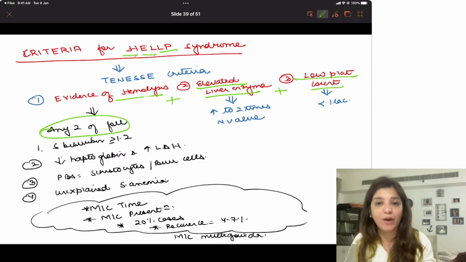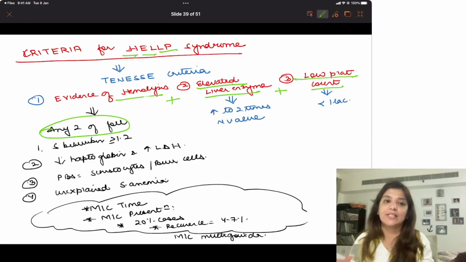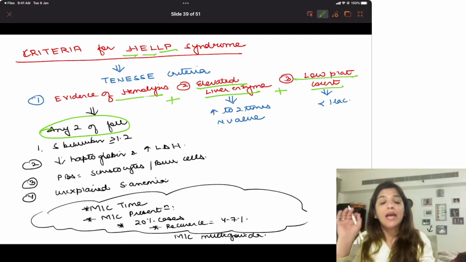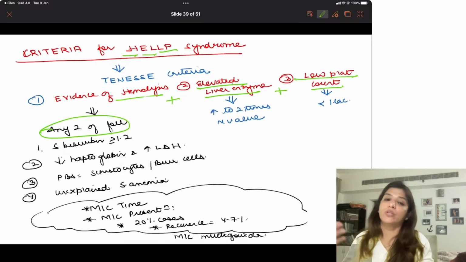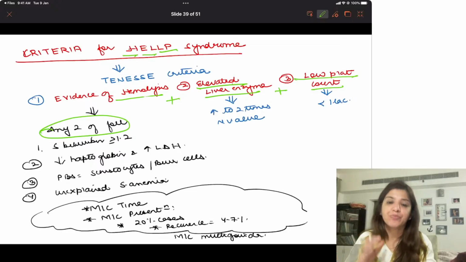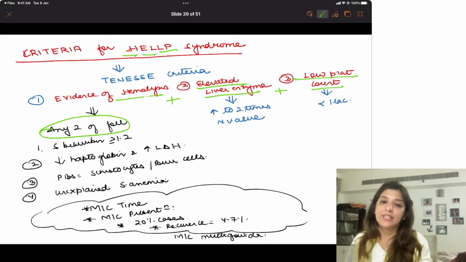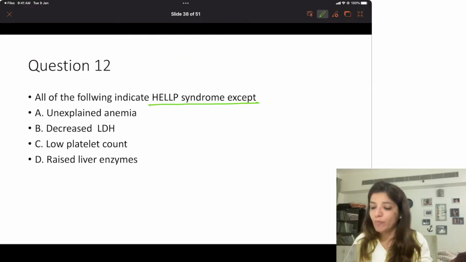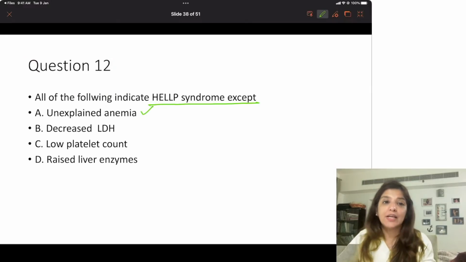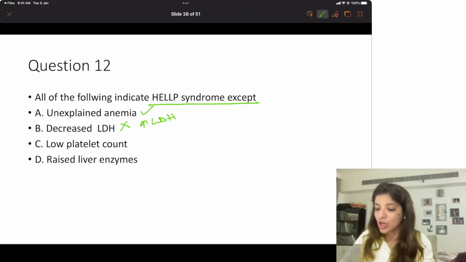Elevated liver enzymes means more than 2 times the normal values, and low platelet count means less than 1 lakh. So this is Tennessee's criteria for diagnosing HELP syndrome. So over here, unexplained anemia, yes; not decreased LDH but increased LDH, it is decreased haptoglobin and increased LDH; low platelet count and raised liver enzymes.